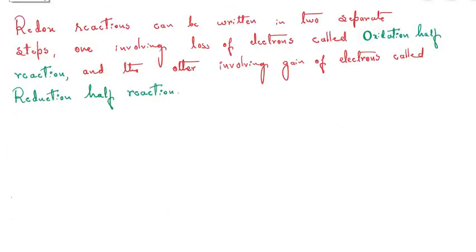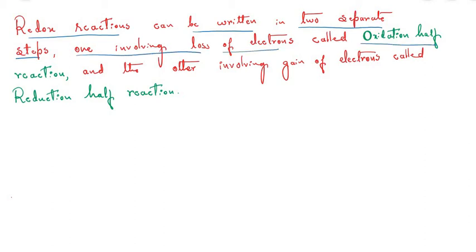Now these redox reactions can be written in 2 separate steps, right? One involving loss of electrons called the oxidation half reaction, and the other involving gain of electrons called the reduction half reaction. Let us have a typical example, that is formation of sodium chloride, right?